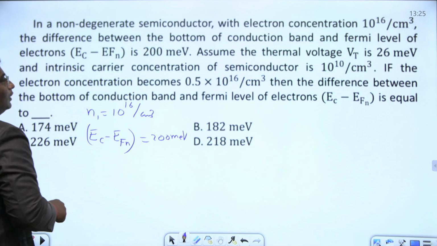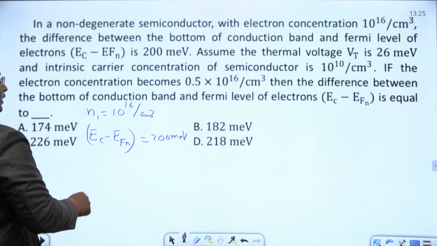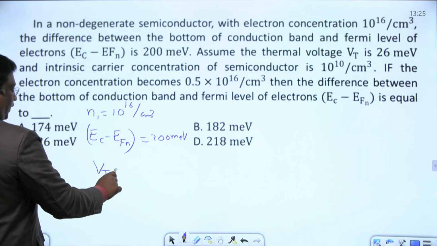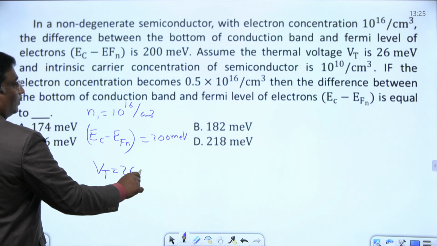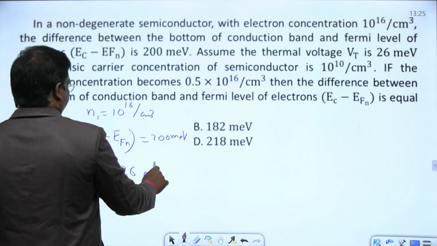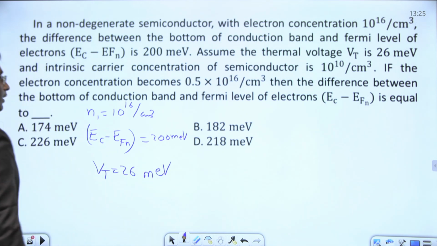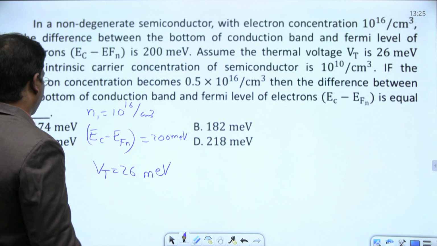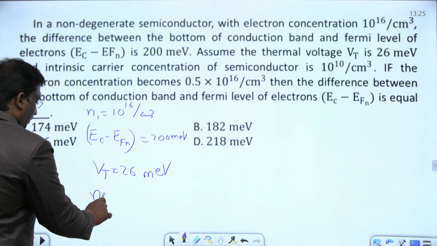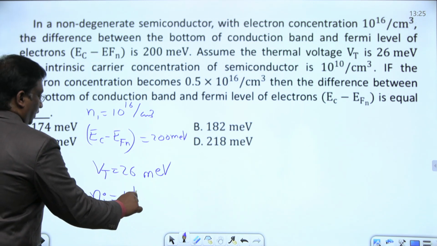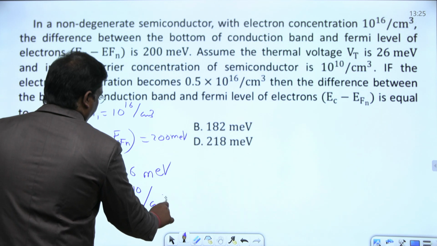Assume the thermal voltage Vt equals 26 millivolts. The intrinsic carrier concentration of the semiconductor, Ni, is also given as 10 power 10 per centimeter cube.